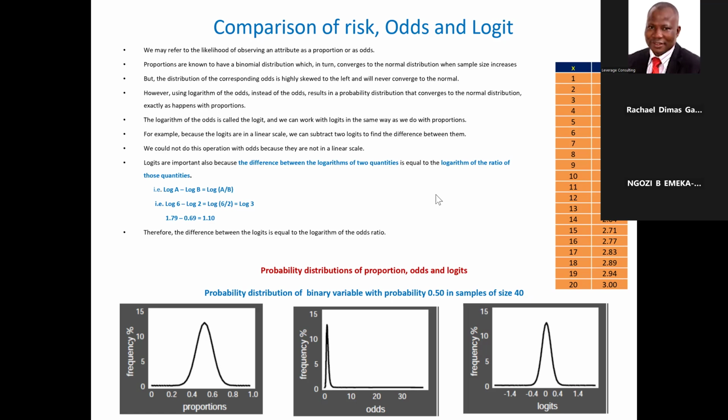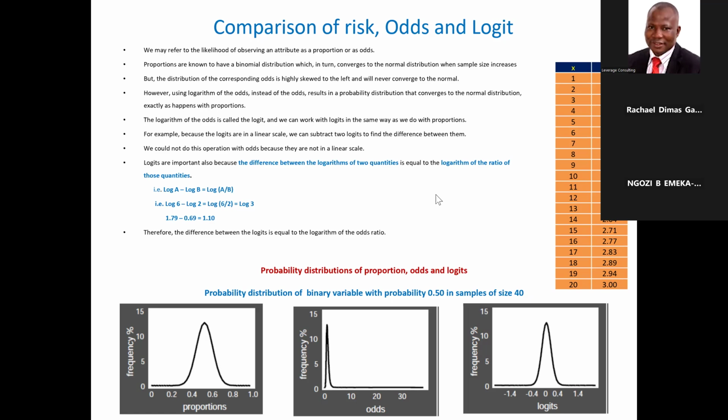Logits are important also because the difference between the logarithms of two quantities is equal to the logarithm of the ratio of the quantities. For example, log A minus log B is the same thing as log A over B. Look at it: log 6 minus log 2 is the same thing as log 6 over 2.